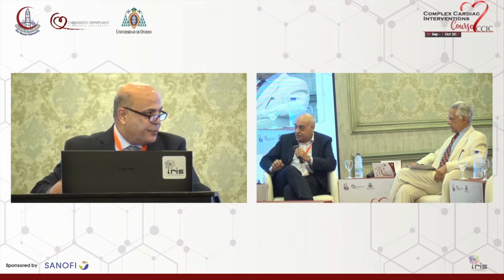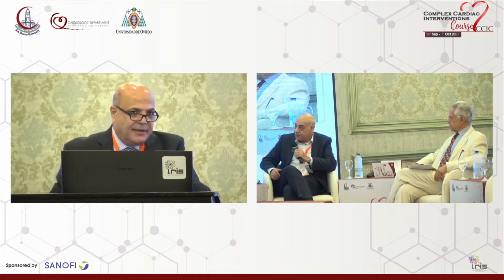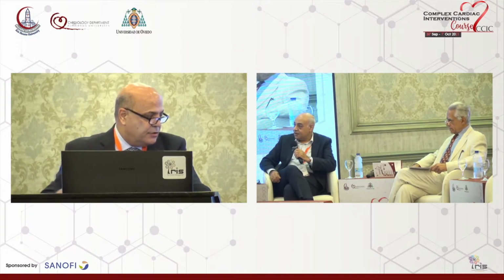That's why I started with these first. But the procedure put me in that position after doing the obtuse marginal and the LAD diagonal, so I stented the left main, followed by the right coronary.